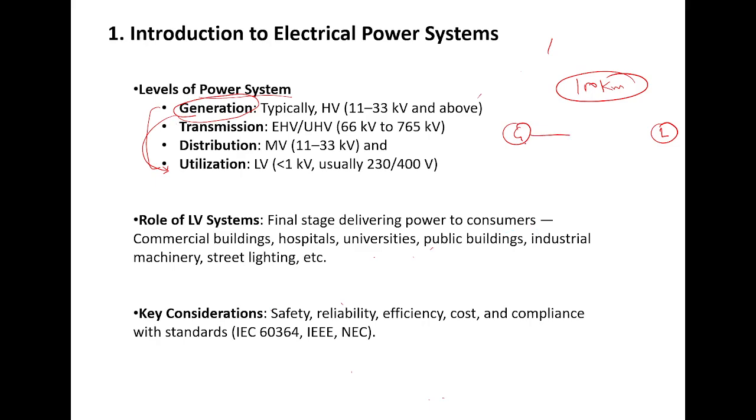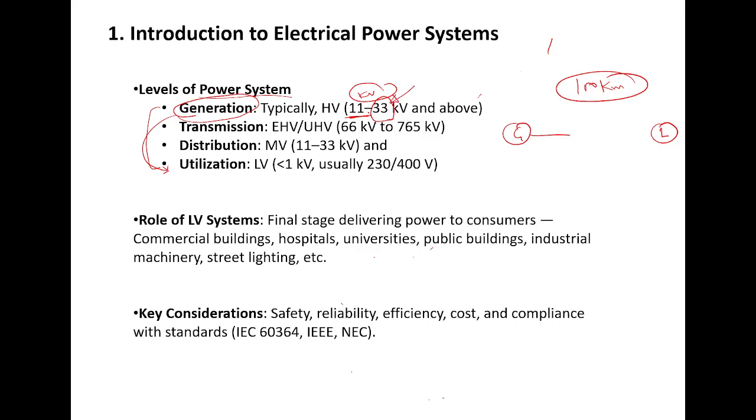The electricity which is generated, generally it generates at 11 kV. In India, it generates at 11 kV or less than 11 kV in some power plants, but generally 11 kV, though in some rare cases you will find 33 kV also.